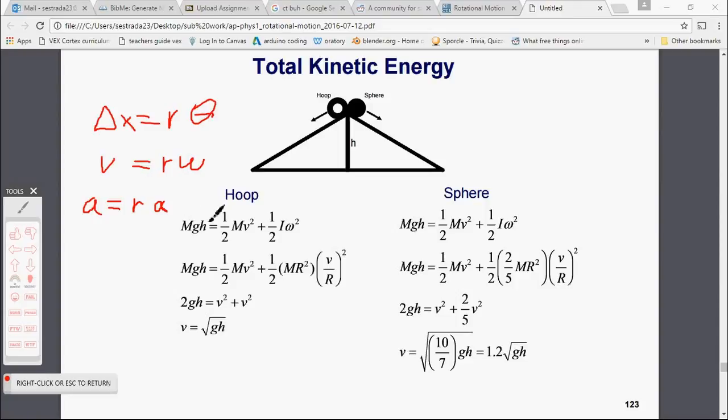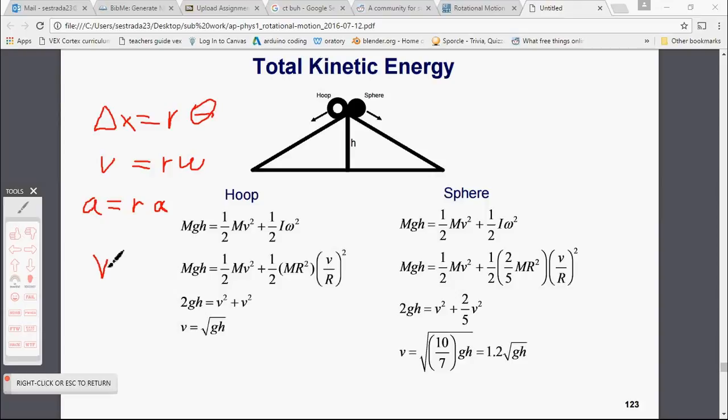So what I can do is, I have two variables that I don't know when I look at these equations. I know the mass of the objects, I know gravity, I know height, but I don't know W. The top equations, looking up here, I don't know W, I don't know velocity. So there's two variables, so what I want to do is make one of those variables go away.